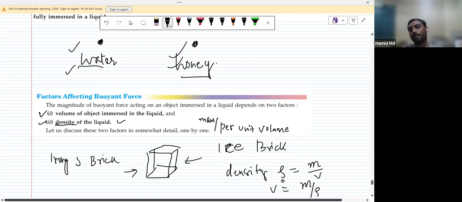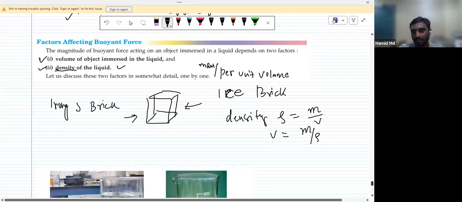Clear? So what is the relation between volume and density if the mass is fixed, say 1 kg of honey?